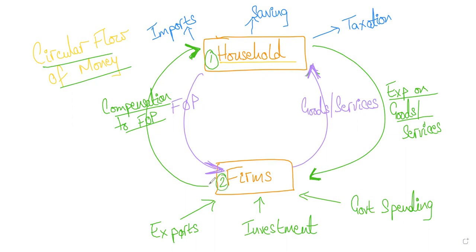And then you have two other sectors, government and international trade, right? Anything that takes money out of the system, imports, saving, and taxation, would be withdrawals or leakages. Anything that gets you money in the system, exports, investment, and government spending, is an injection. Is everyone clear on this?